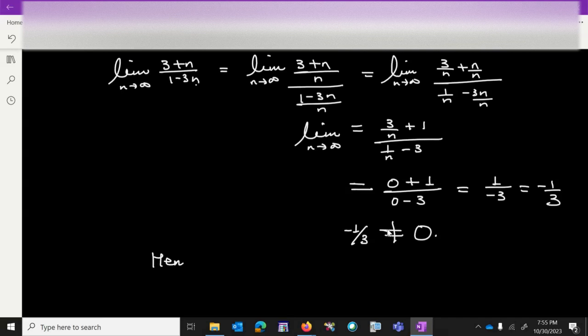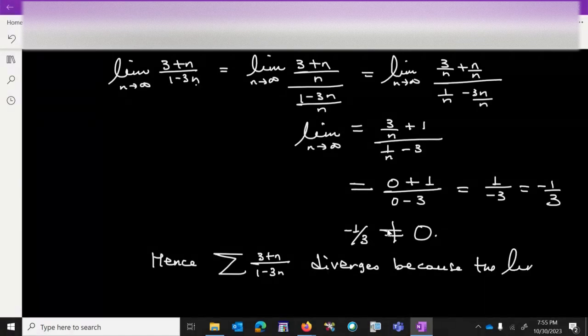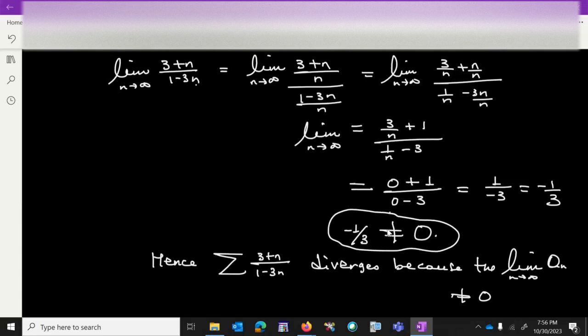Hence, the series 3 plus n over 1 minus 3n diverges because the limit of a sub n as n approaches infinity is different from 0, which is negative 1 over 3.